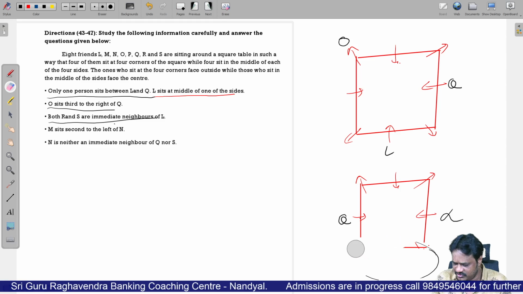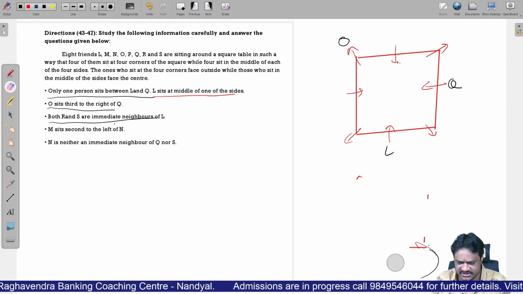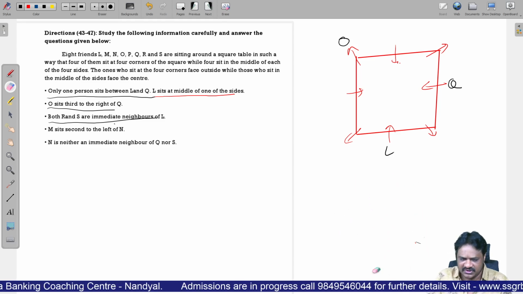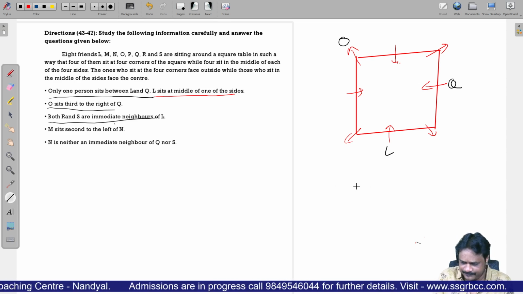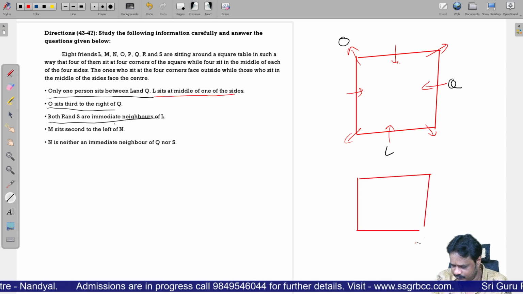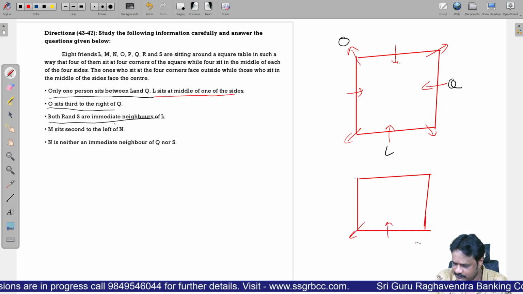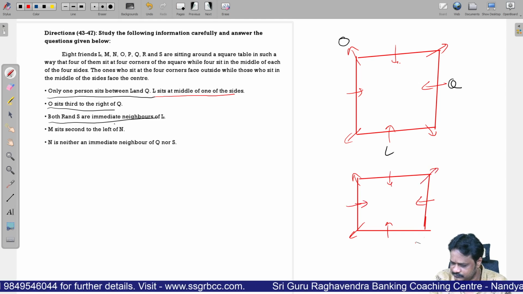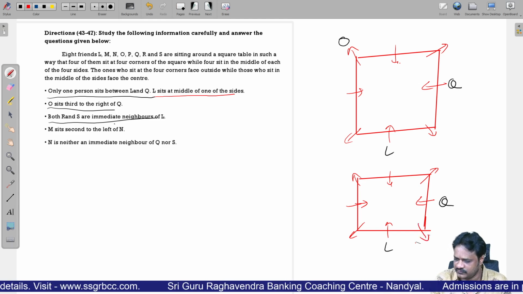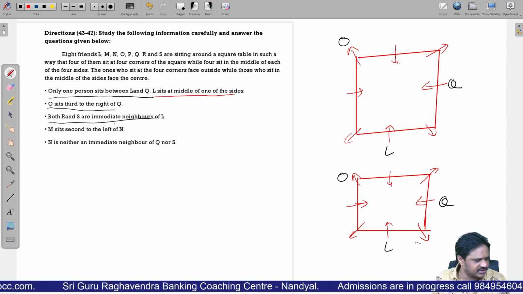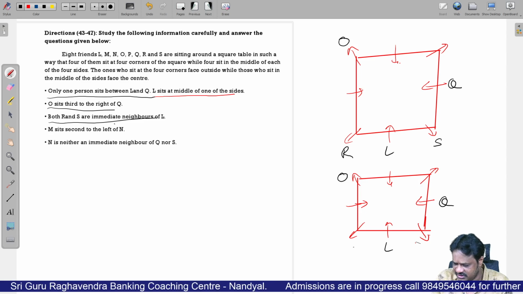Again, there is one more possibility where both R and S are the neighbors of L. So here you can write R and S, or also you can write S and R. This is also the correct one.